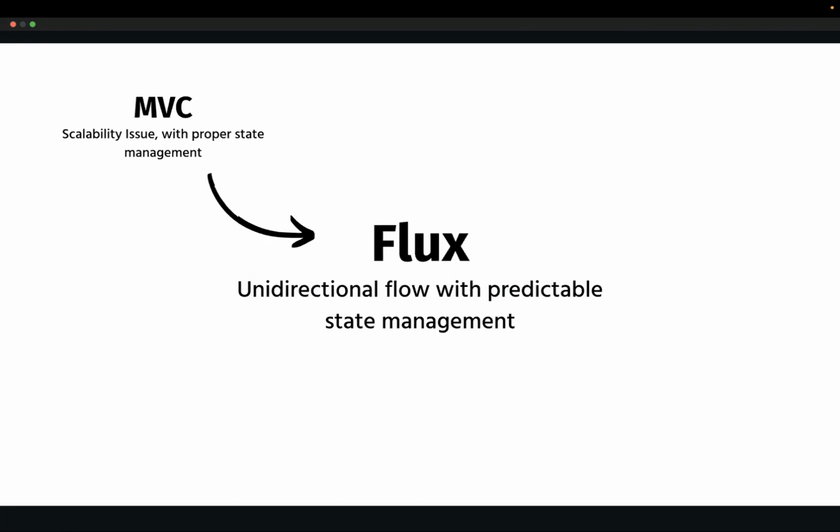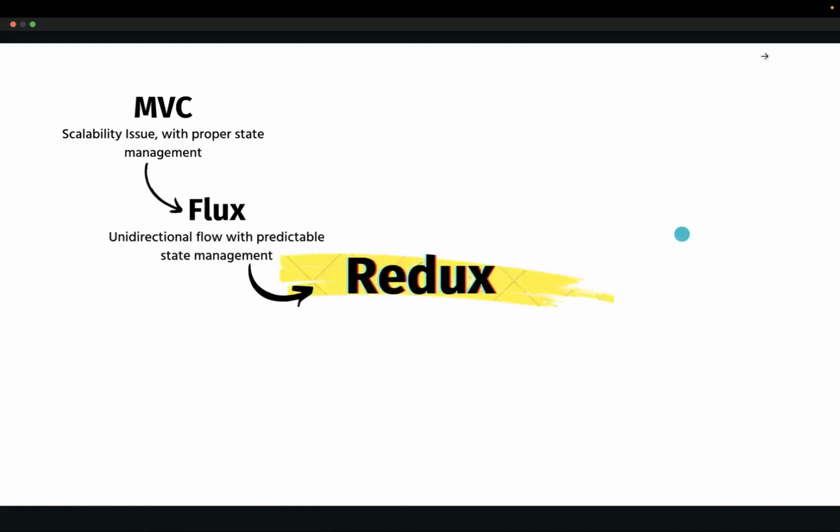The store must have changed. That's why the view has changed. If something in the store has changed, you can predict who might have changed it, right? Dispatcher, right? So this was the benefit of using Flux architecture. This architecture came into action, and then Redux came into action.